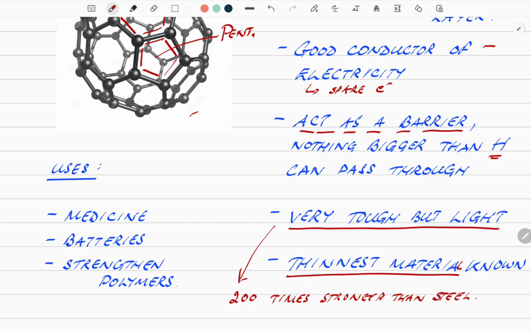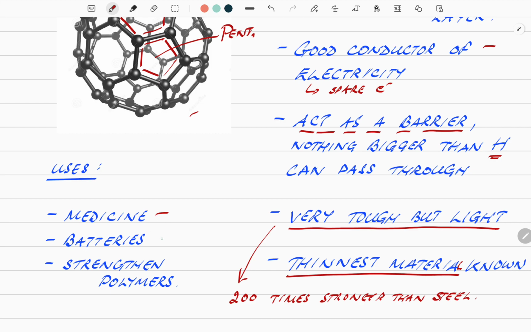So people are looking for many more uses for this. Some of the uses that have already been thought of and implemented: medicine is one, where you can put specific medical or drug molecules inside the sphere and have it delivered specifically to where it's needed in the body. So medical uses.